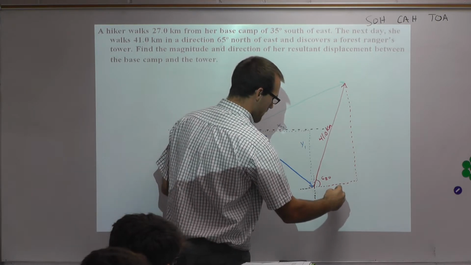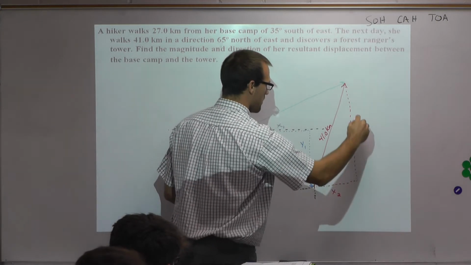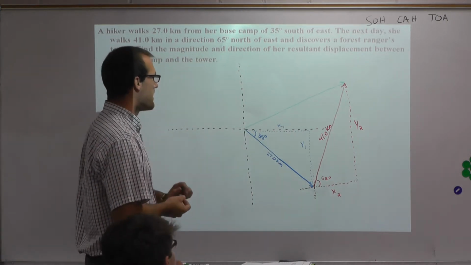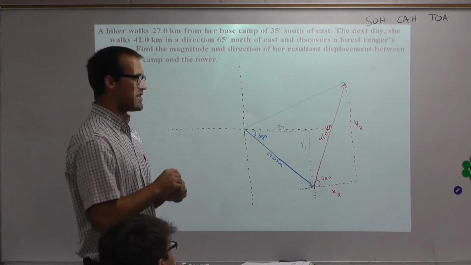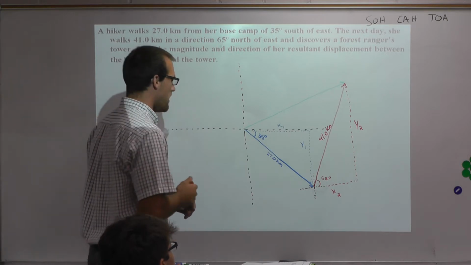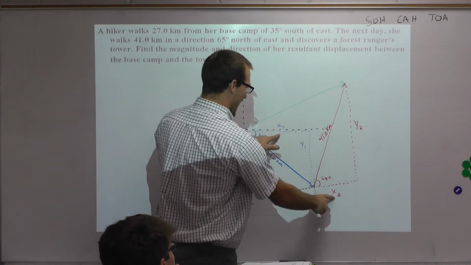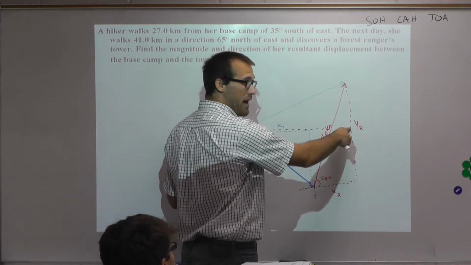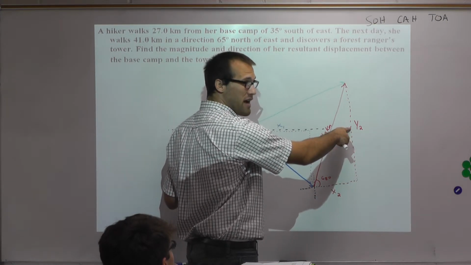So point two, X2, Y2. Now notice, if I take my x1 and my x2 and add them together, do I get the whole x that would start making the bottom part of my final triangle?